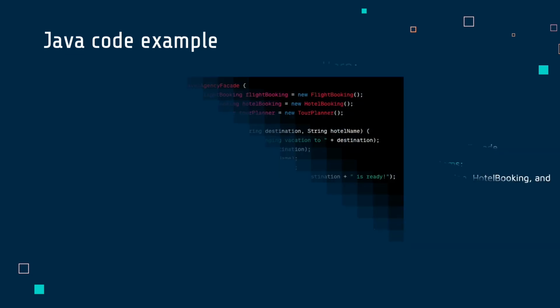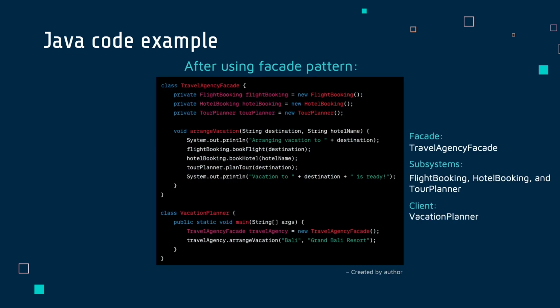However, with the integration of the travel agency facade, the tasks of the vacation planner class are considerably simplified. Now, it merely needs to call one method on the facade to manage the entire vacation planning process. Internally, the facade handles all detail operations, leading to client code that's not only neater but also more understandable and easier to maintain.